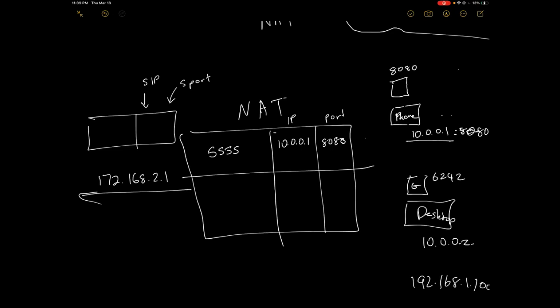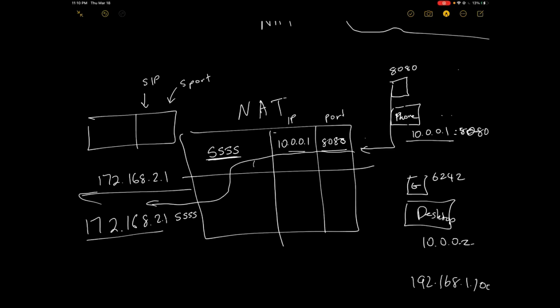So when a packet leaves here, it's going to leave on 172.168.2.1. That's going to be the source IP address, and the source port is going to get changed to 5555. So when this browser packet flows through, the table has an entry that says, okay, 10.0.0.1 and 8080 is going to get translated to 5555. And so when it leaves, it gets translated through this table and exits the network as 172.168.2.1 and port 5555.